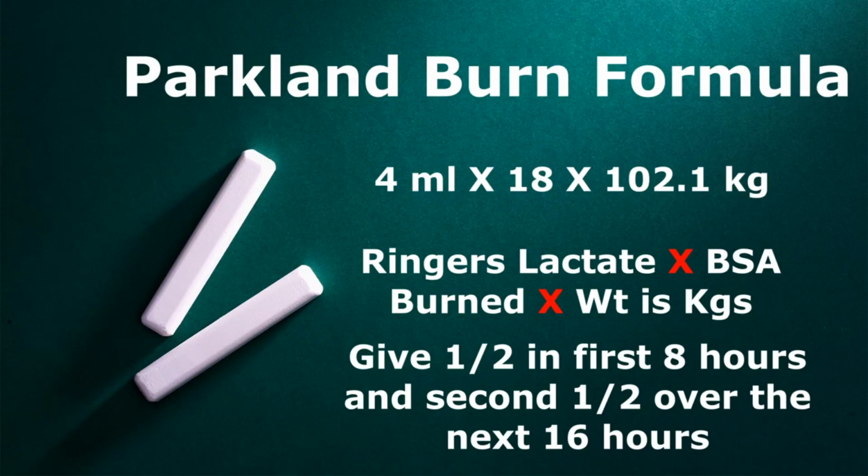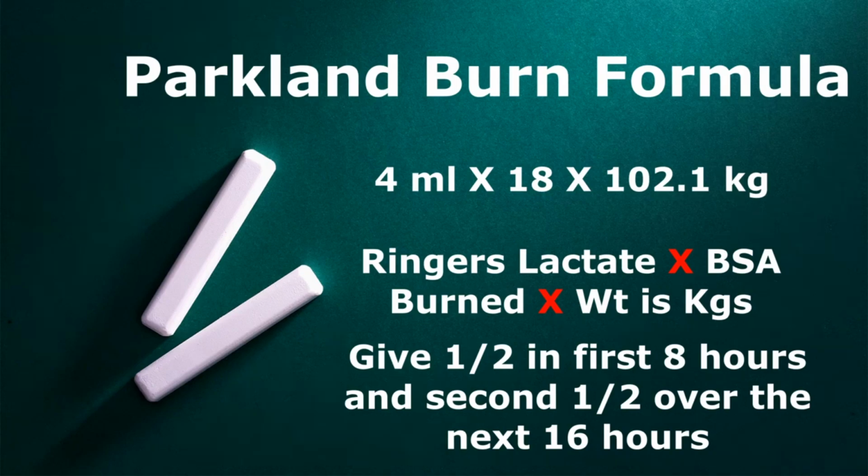That's the actual formula. Now, we give half of this solution in the first 8 hours and the other half over the next 16 hours. So, looking at the question again, we go like this. We go 4 milliliters times 18% times 102.1. That is the person's body weight in kilograms.